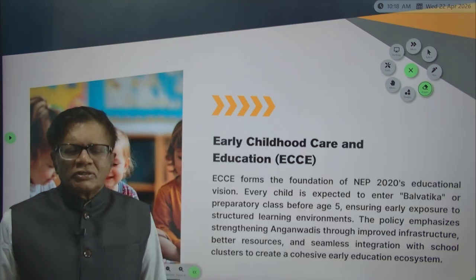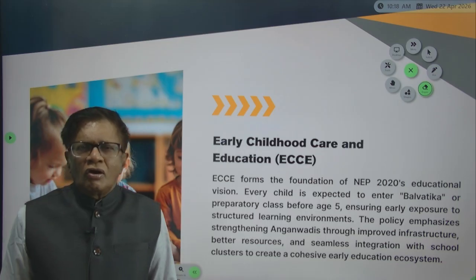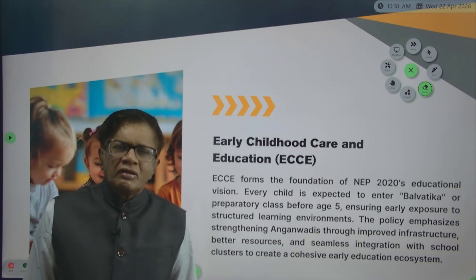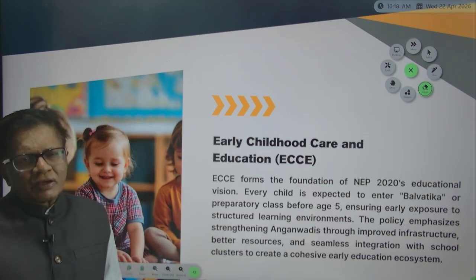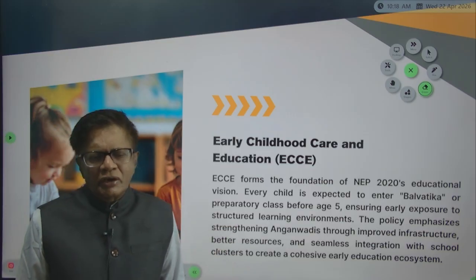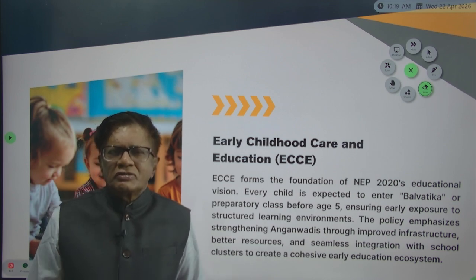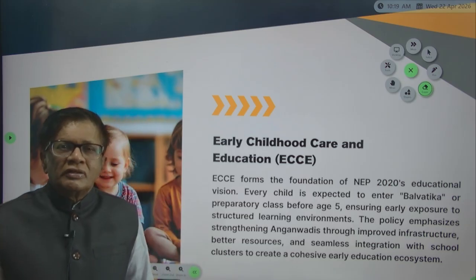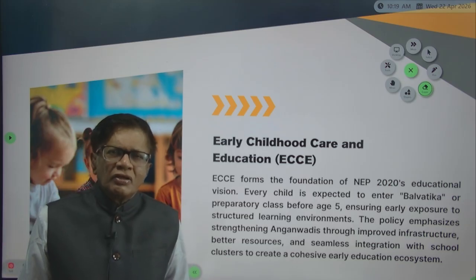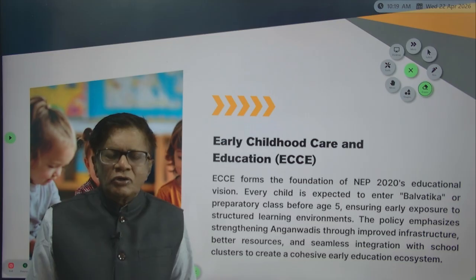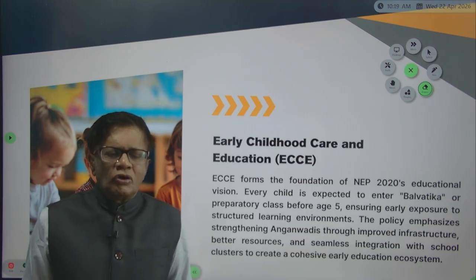All those reforms are strengthening the access, the quality, and the equity. What is the aim of this right to education? Its main aim is to transform India into an equitable knowledge society.